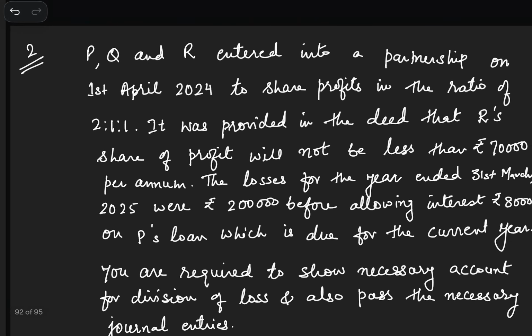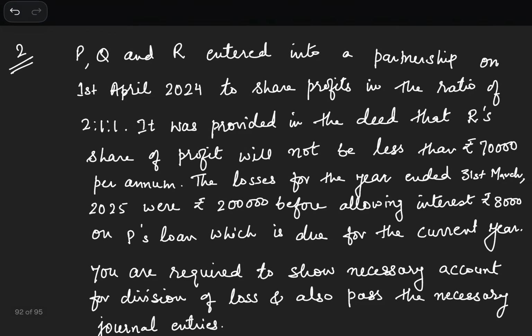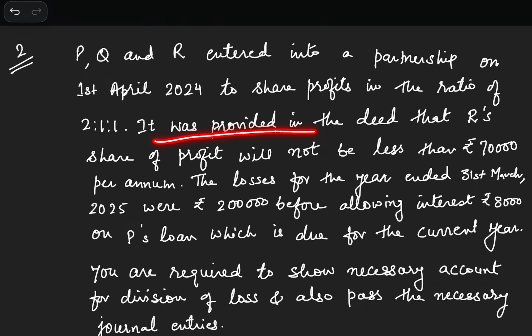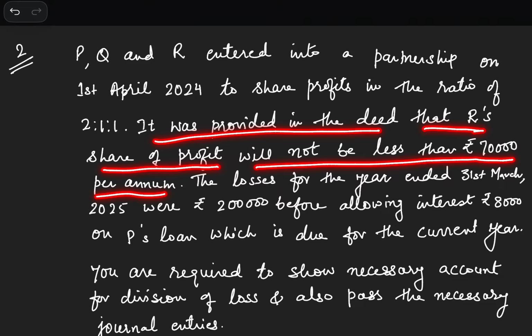Let's discuss another question. P, Q and R entered into a partnership on 1st April 2024 to share profits in the ratio of 2:1:1. It was provided in the deed that R's share of profit will not be less than rupees 70,000 per annum.